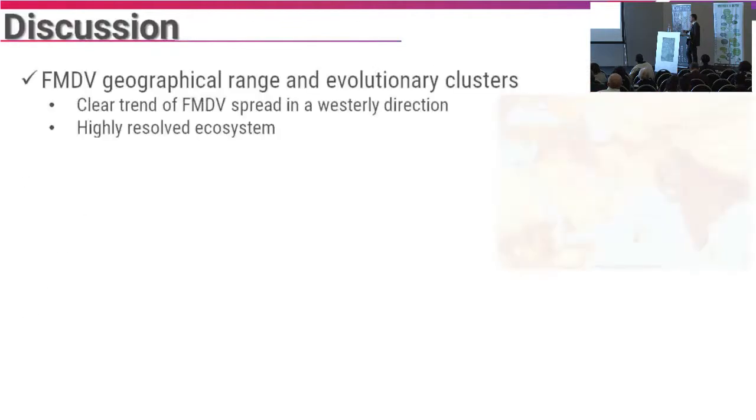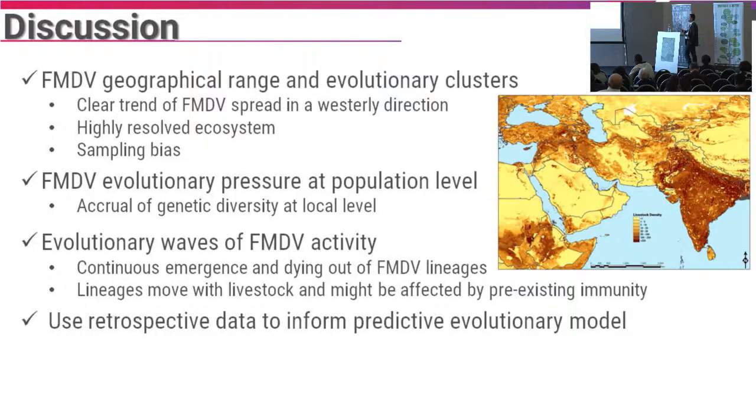So the conclusions are: we described a geographical range and evolutionary clustering at the Middle East level. This is based on a country level, so this means that you have some sort of sampling bias, because potentially there are ecosystems at the population level that are more importantly involved in the evolutionary dynamics than a single country.